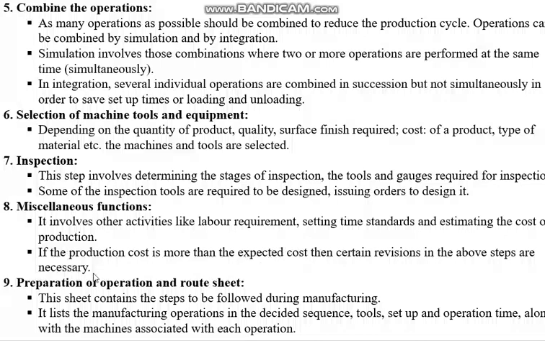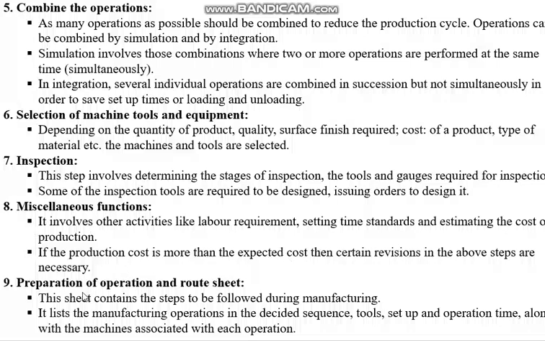And when you consider the production cost by adopting your method and your process, if the cost is coming more, then revisions should be made, so that the cost can be brought below the expected cost.